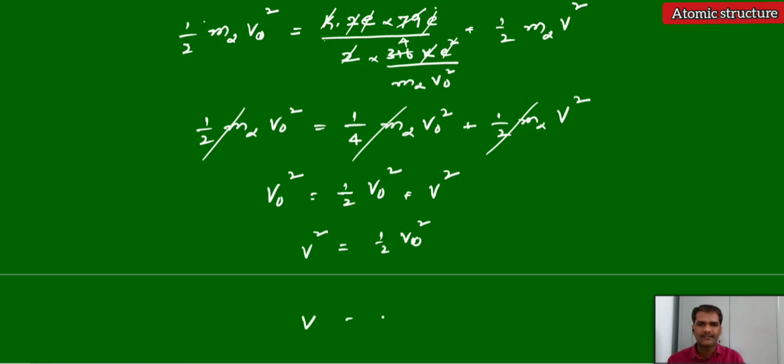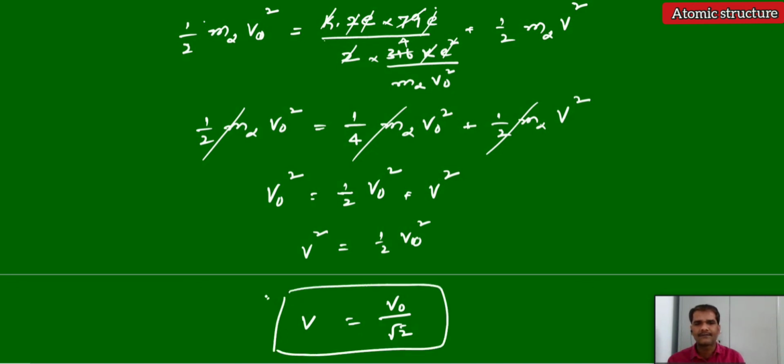Means V is equal to V naught by root 2. So this is the velocity at point C: the initial velocity by root 2. If you know the initial velocity, you can calculate the final velocity at point C by taking root 2. This is at a distance of 2 R naught, twice the minimum distance of closest approach.